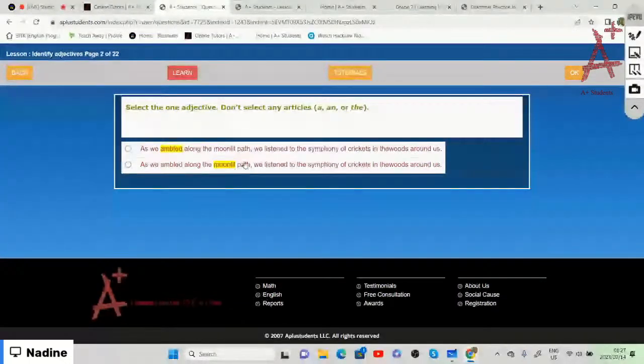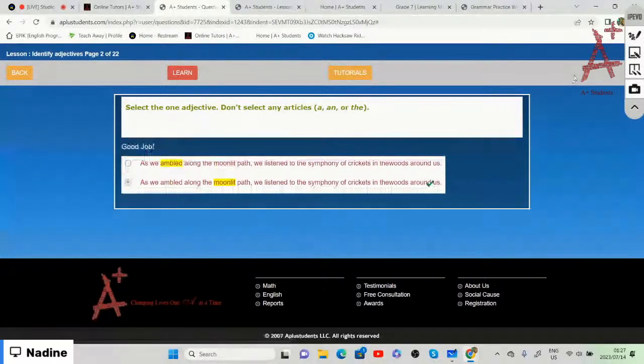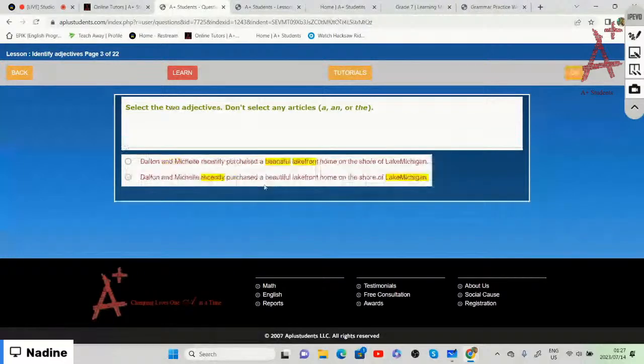We need to choose the word that is an adjective. All right, so we're going to choose moonlit. Moonlit is the adjective that modifies the noun path.